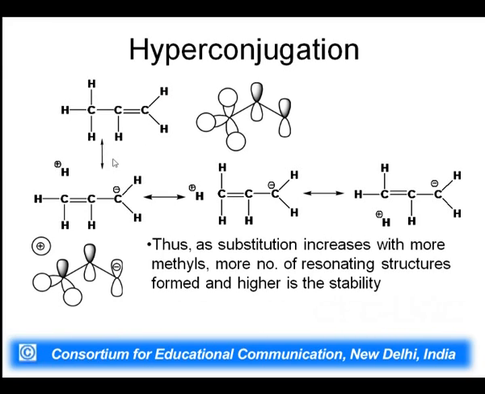We put another three and we get three more hyperconjugative structures, and tetramethylethene, or 2,3-dimethylbutene, will be the most stable among the various alkyl substituted ethenes. So, I have written here: as substitution increases, with more methyls there are more resonating structures, and higher is the stability. This effect was given by Baker and Nathan, and it is also called the Baker-Nathan effect.